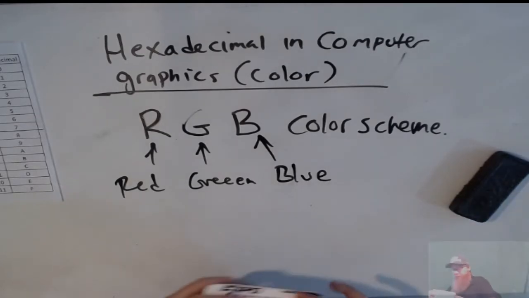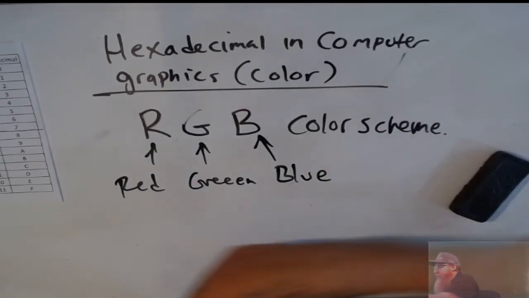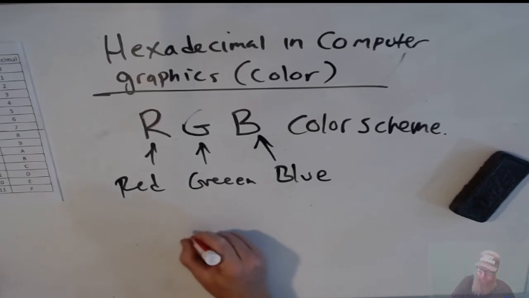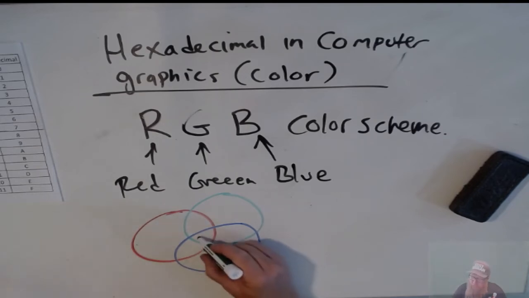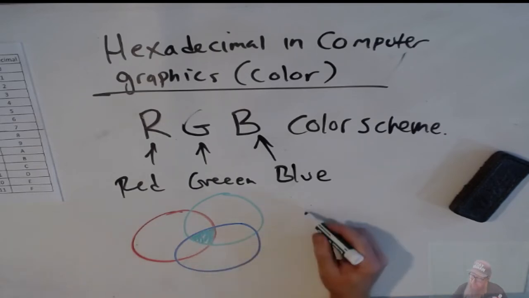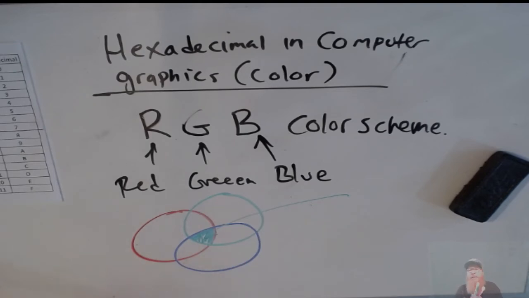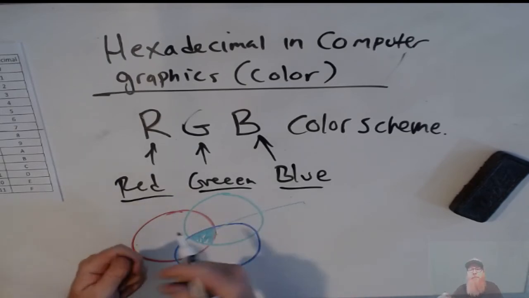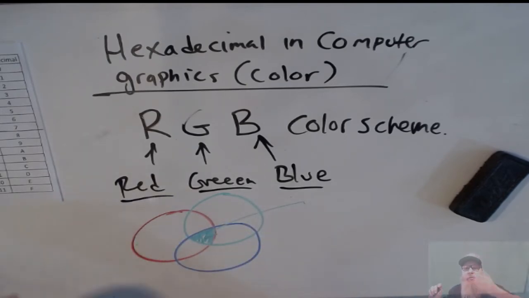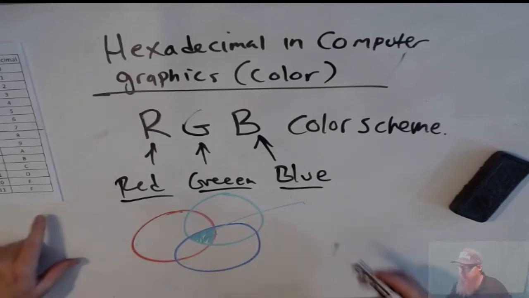And so what your computer does is it only uses these 3 colors. It uses red, green, and blue, and it mixes them all together and gives a combination, almost like mixing paints when you were in elementary school or art class and you're mixing your different paints on your palette.